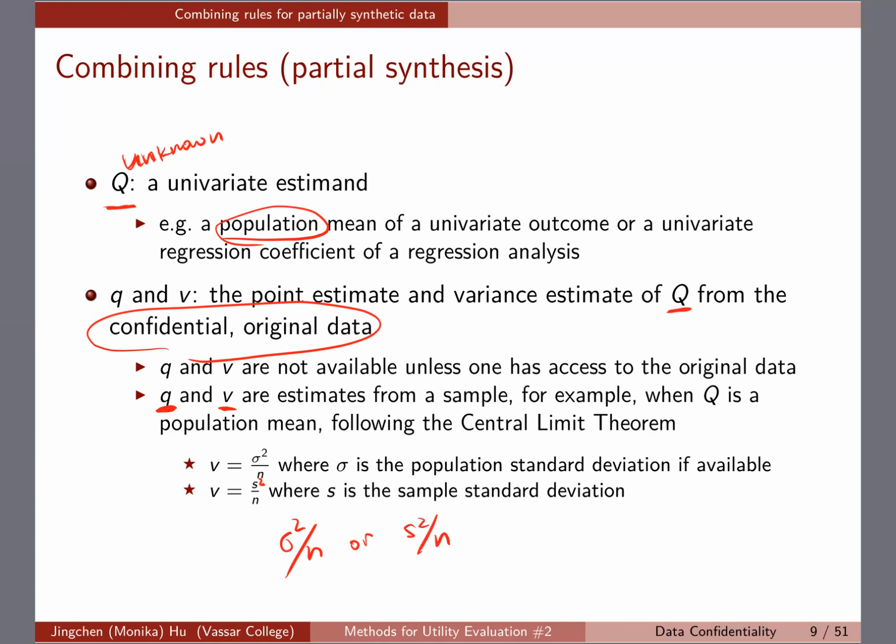Sigma is the true population standard deviation. Sometimes it's available, sometimes it's not. If it's not, you can use the sample standard deviation S to approximate. But don't forget, because of the central limit theorem for the mean, when you estimate V, you have to divide by n.